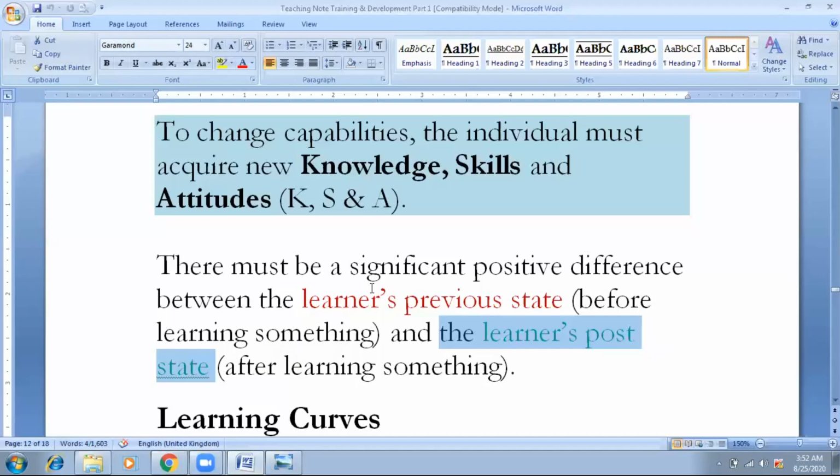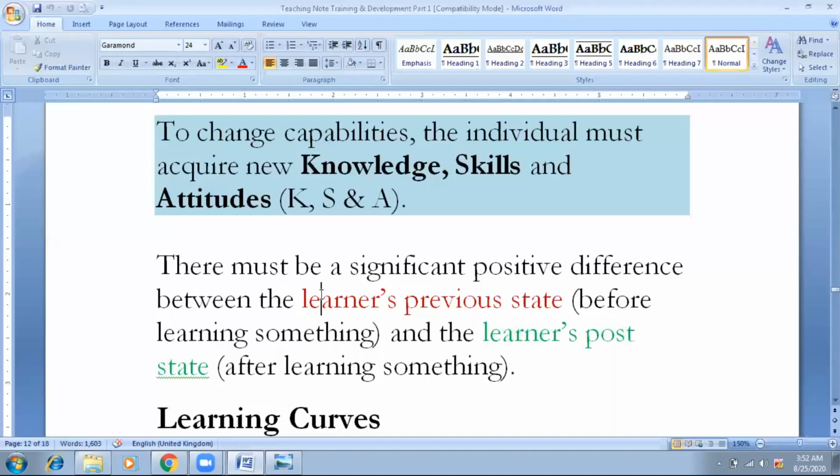You didn't understand the real meaning of attitudes. You had no knowledge of the purposes or advantages of training and development. But now you got it after listening. That means you have learned.